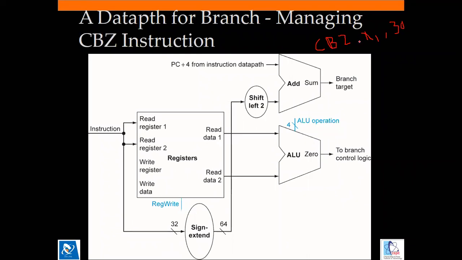Here X1 would be checked. If it is 0, the program counter value should be updated by 30, meaning the current value of the program counter would be incremented by 30.